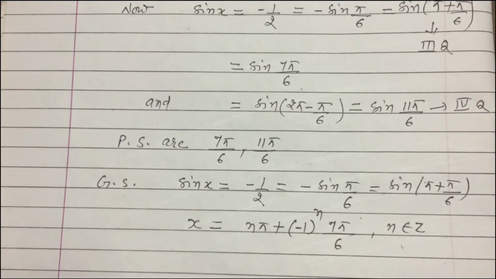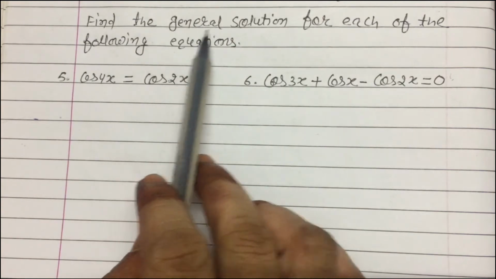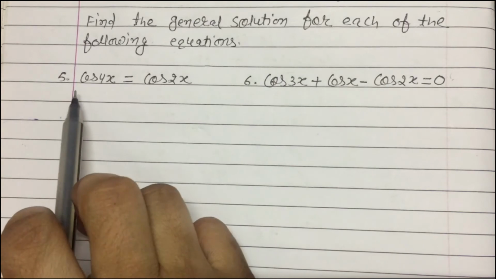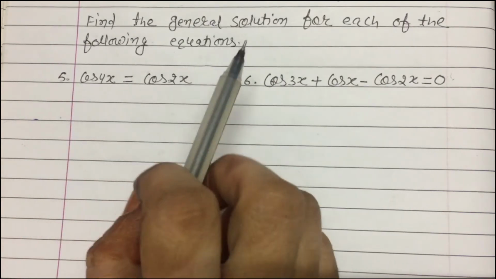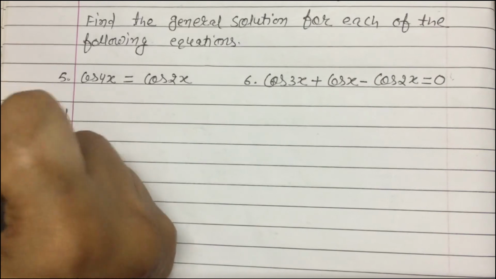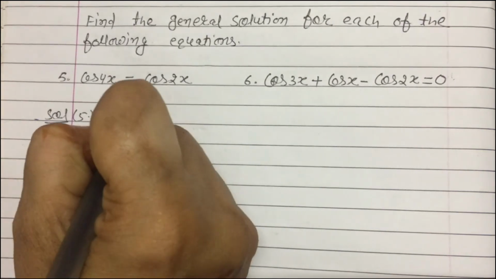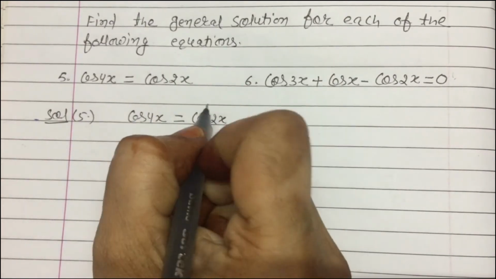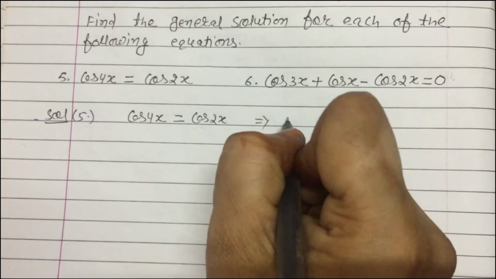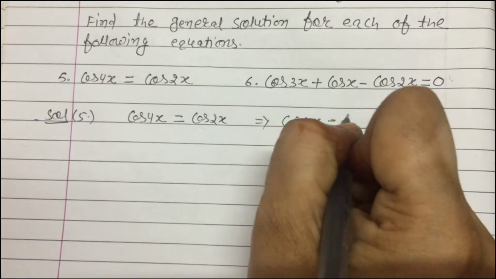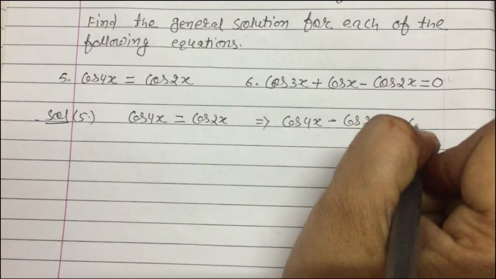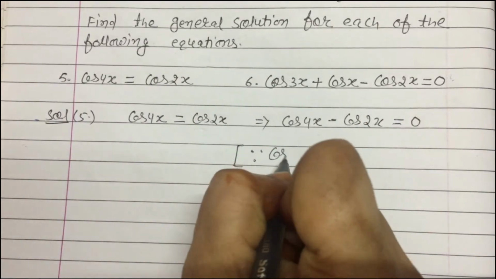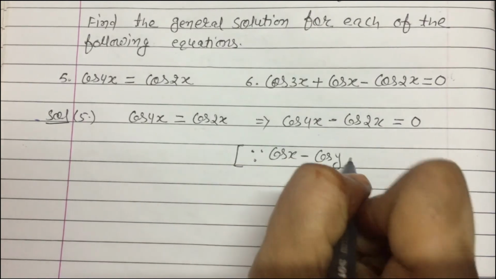Simple questions. Next question, find the general solution for each of the following equations. Okay, cos 4x is equal to cos 2x. It is given. So students, we can write here cos 4x minus cos 2x is equal to 0. And now apply the formula for cos x minus cos y.